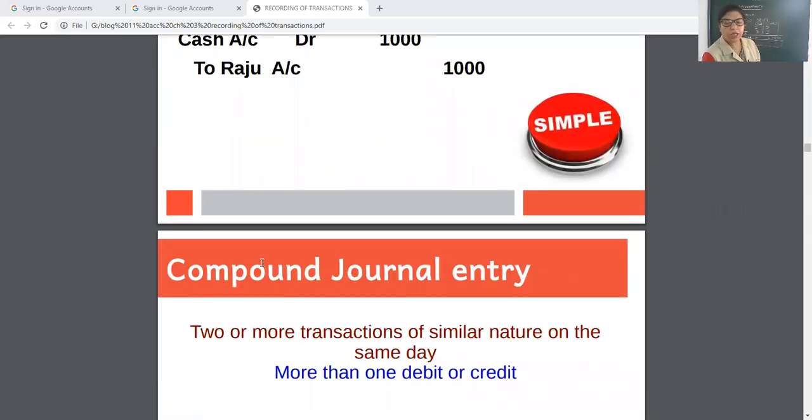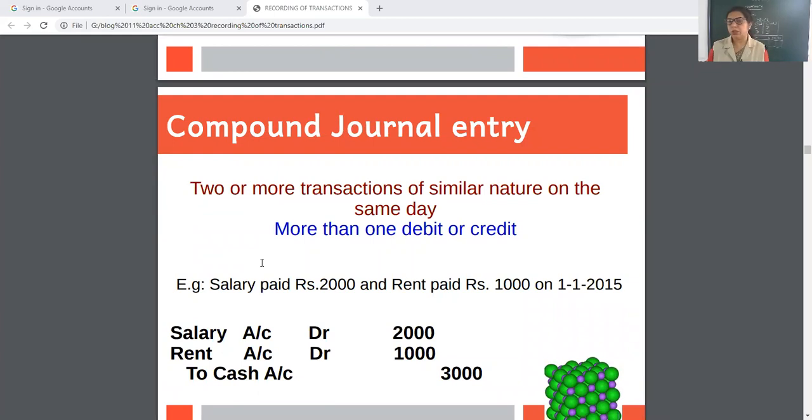Now we are moving towards the compound general entry. I explained earlier that compound means two or more transactions of a similar nature on the same date. Like you are paying salary and rent on the same date, and both are expenditures. The rules for expenditures are the same: expenditures are increasing, that's why debit.